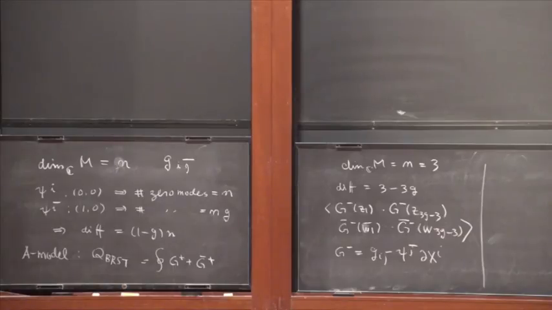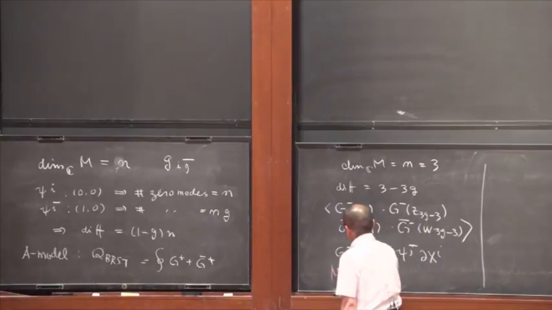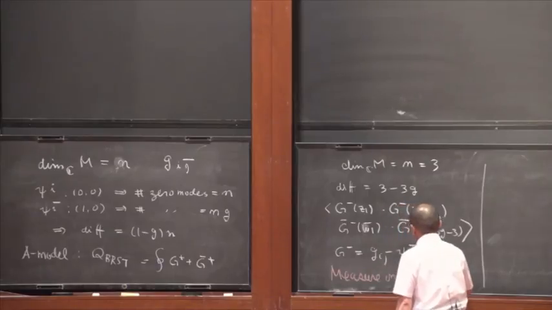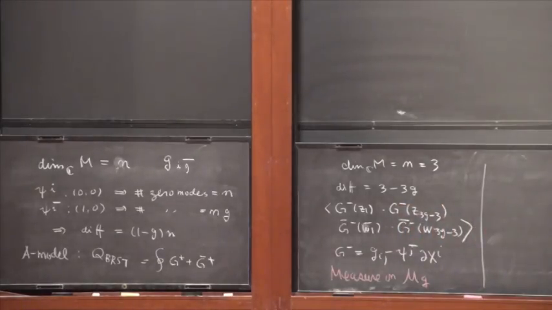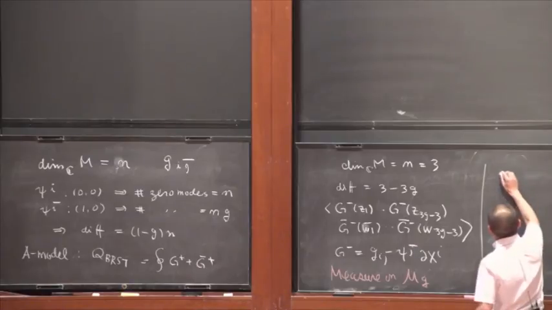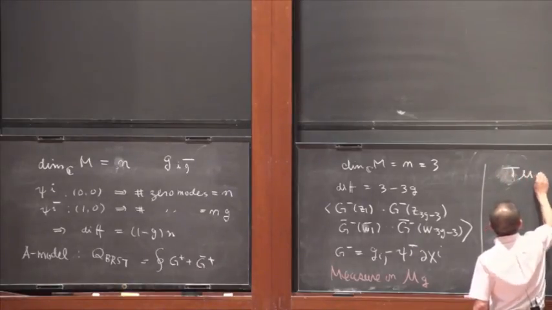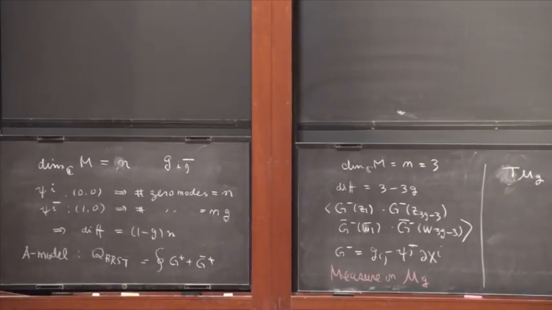And what's special about this is that this turned out to give you the measure on the moduli space of genus G Riemann surface. So this is something that you can integrate over the moduli space. So just to explain why that is, I just want to remind you that if you have a moduli space, you can consider tangent space to it. Tangent space is the complex structure of the moduli space of complex structure.